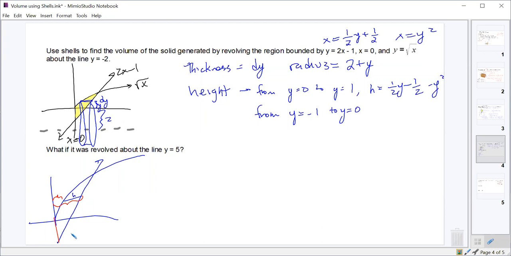And then from y equals -1 to y equals 0, our height should be just the linear piece minus 0. So 1/2 y plus 1/2. Good or no?